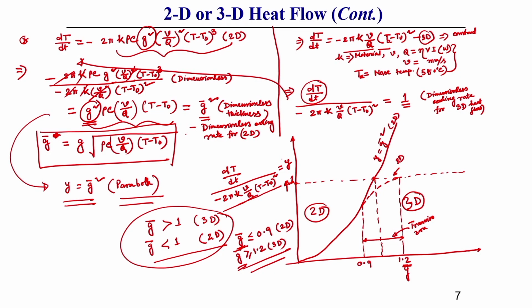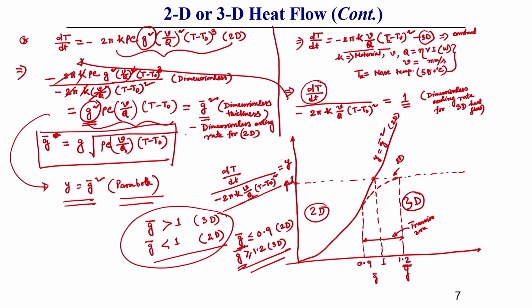So, what you observe, in this transition zone, if it is crossing the G bar value 1, then you can consider their 3 dimensional equation is more accurate.